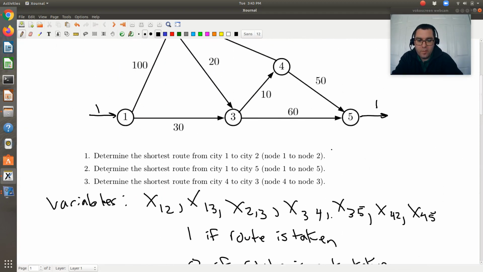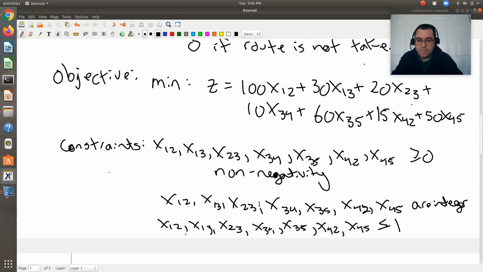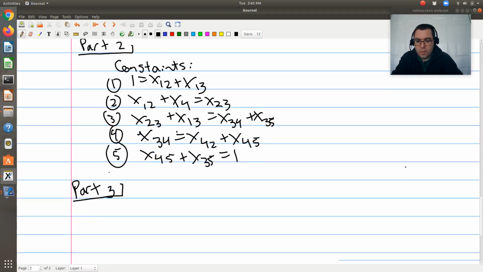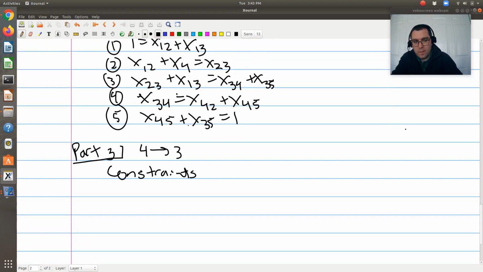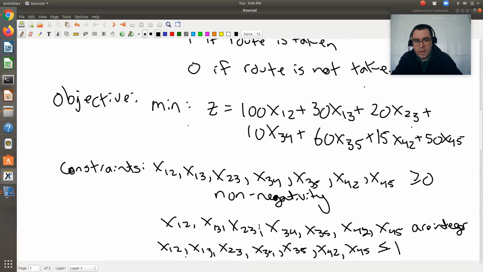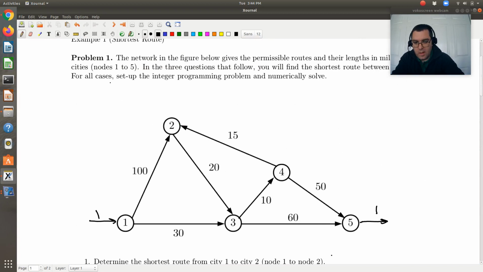Okay, part 3, we're going from 4 to 3. Pictorially, what's going to happen is that this fictitious unit that I add comes in at node 4 and leaves at node 3.